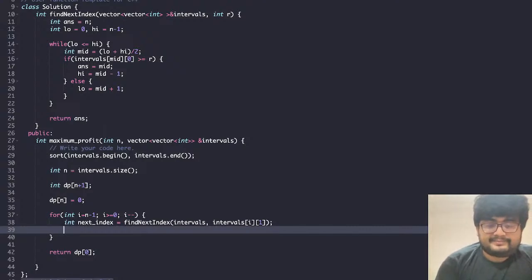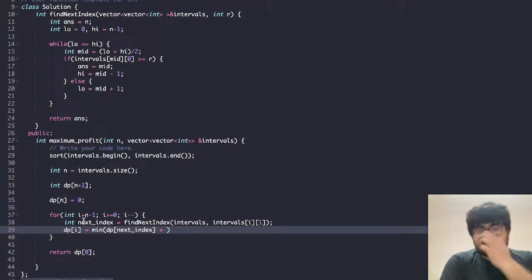Now dp of I equals min of dp of next index plus, vector int lr, vector int and intervals. Where is the profit?